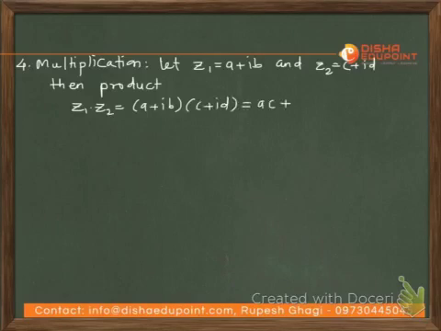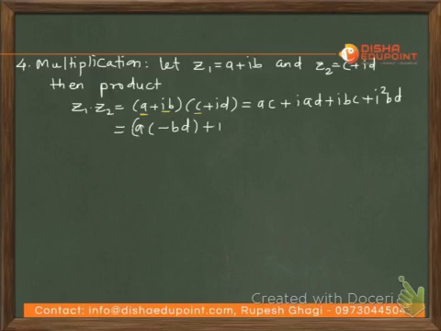If I go step by step, then a into c plus a into id plus ib into c, which is ibc, plus ib into id will give us i square bd. Understand, i square is equal to minus 1, so it is ac minus bd plus i into ad plus bc.